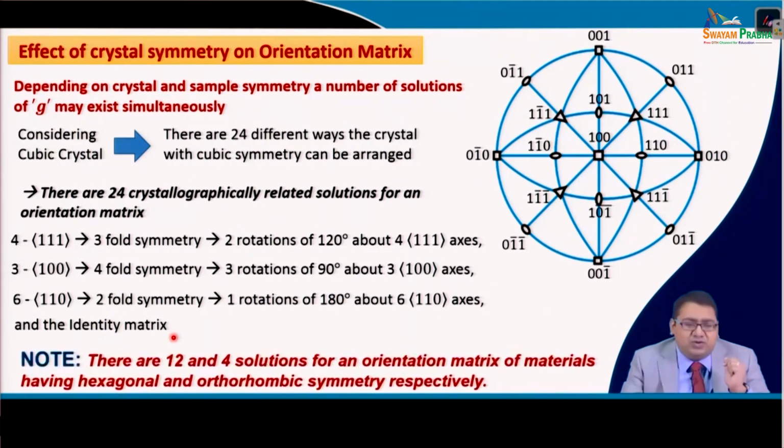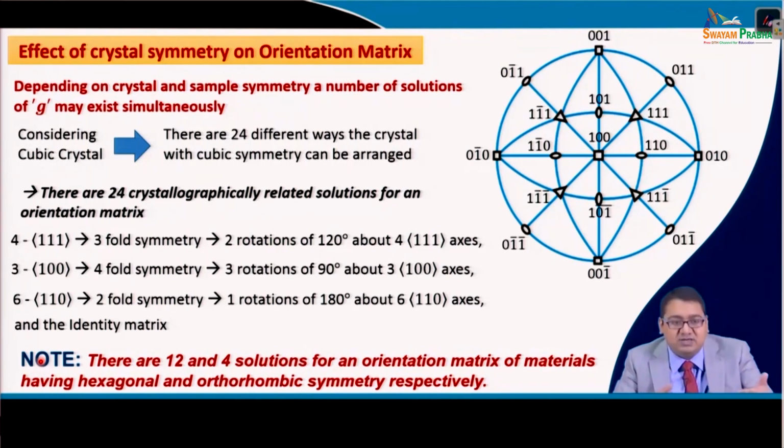Note that there are 12 and 4 solutions for the orientation matrix for materials having hexagonal and orthorhombic symmetry respectively. So, there are 12 solutions for the hexagonal close packed system, and 4 for the orthorhombic symmetry systems, right.